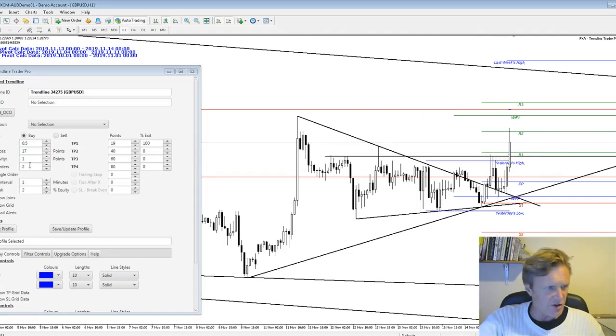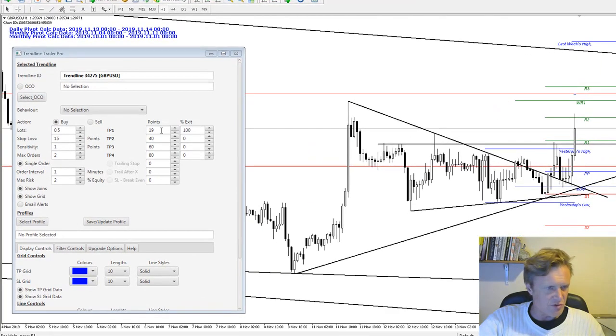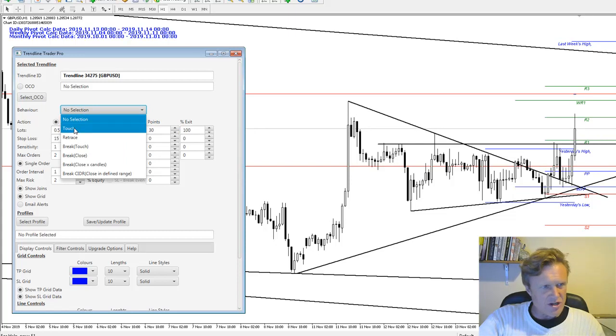Quite a tight stop, let's give it a 15 pip stop. My take profit level I'm going to measure out. It's going to be at least R2, so probably 30 pips, so 2-to-1 risk reward, which is good. I'm going to take the whole lot out at 30 pips, and it's going to be a touch based trade.